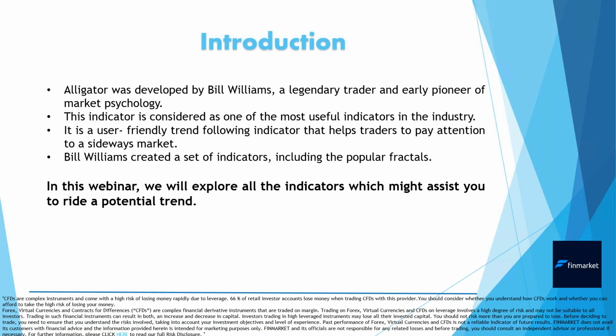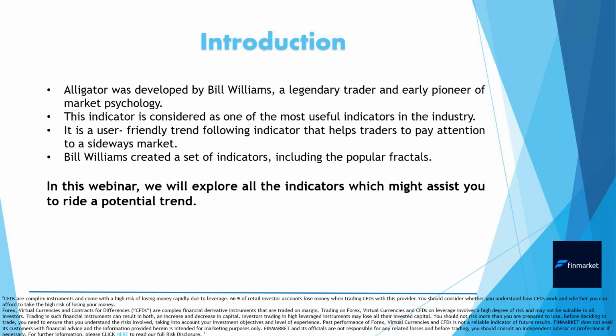Now, the key here is the sideways market. Bill Williams states that in order for us to be profitable in this market, we need to make sure we do not include trades that are stuck in a range market.